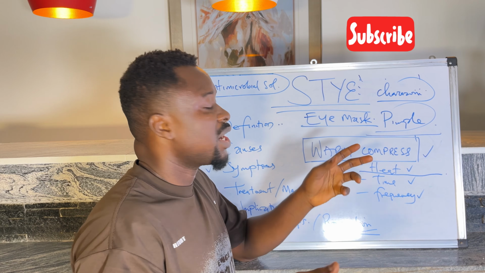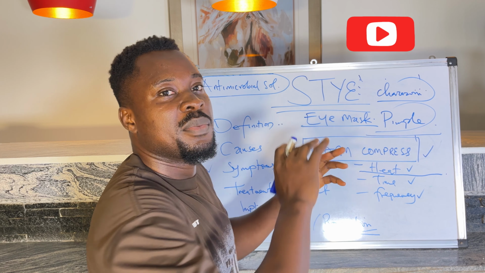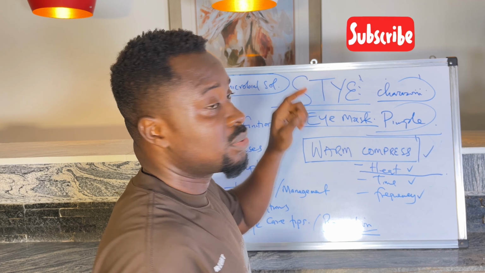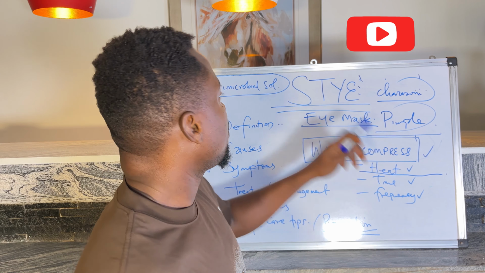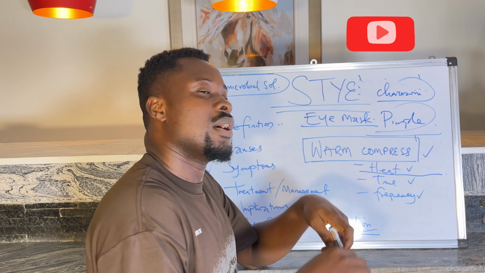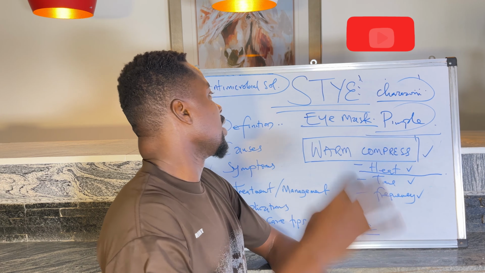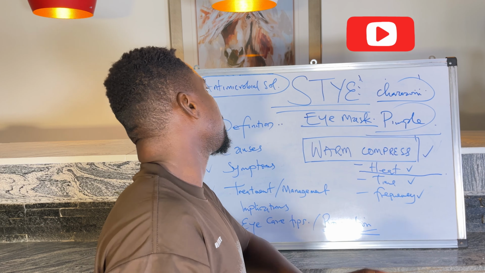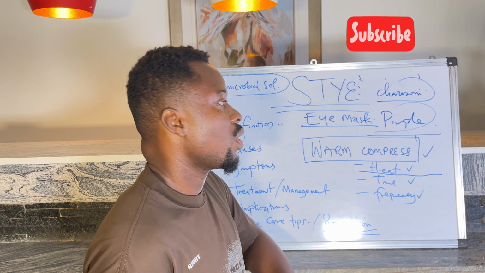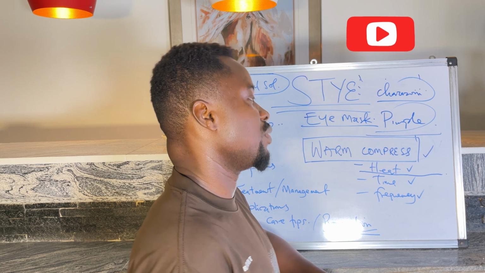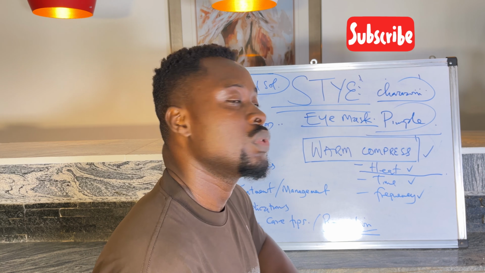Even when you are not having any serious infection, once in a while, you can use the best antimicrobial solution to clean your eyelids. This will reduce microbe or antibacterial activities, infection, and all that on your eyelid, and keep your eyelid clean and free from infection. So always talk to your eye doctor so that you know the best antimicrobial solution to use.